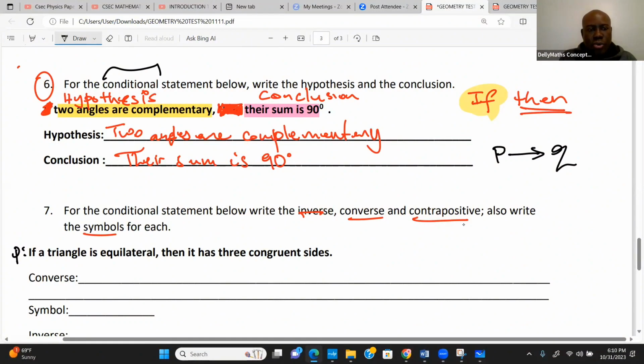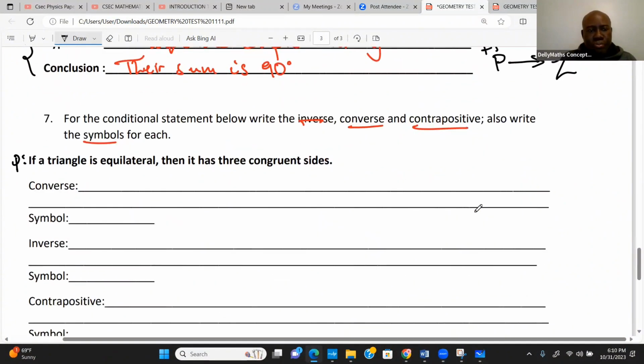If P, then Q. The idea is that when we have the converse, the conclusion and the hypothesis switch. So we're going to have if Q, then P.